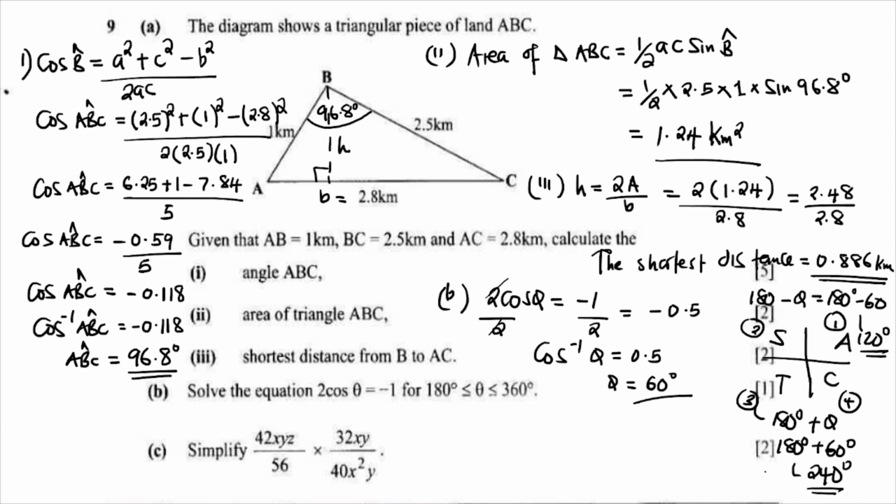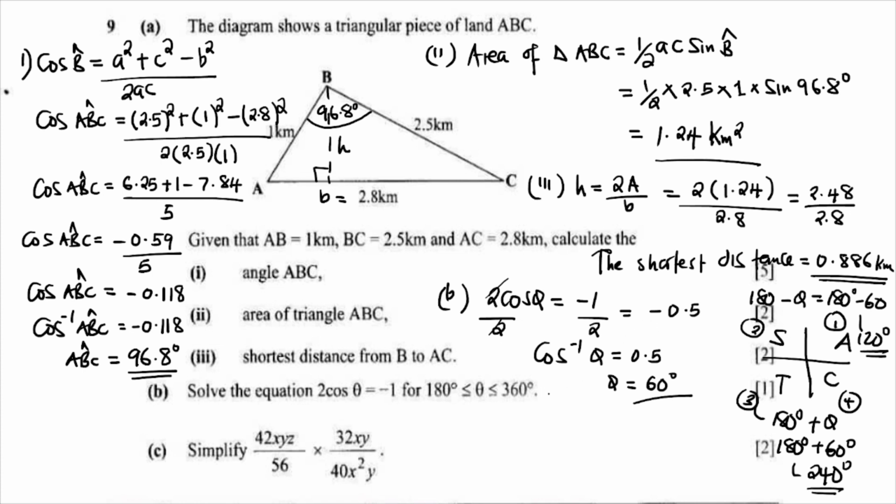But the question is saying that the angle should be between 180 degrees and 360 degrees. So, when finding the answer there, we need to look at an angle that's between 180 to 360 degrees.